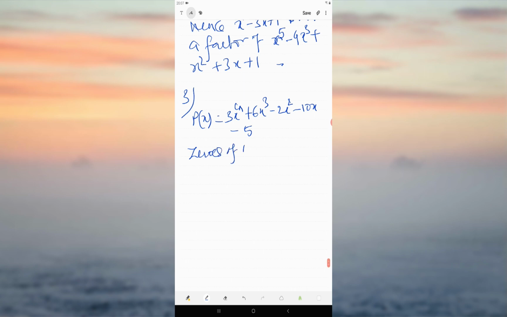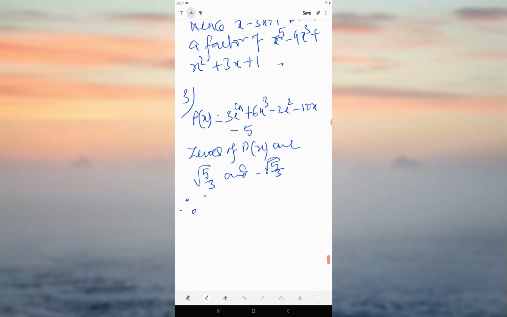And two zeros of p(x) are root of 5 by 3 and minus root of 5 by 3, correct? So, as I have told you, if alpha and beta are the roots of the given equation, then if you multiply x minus alpha and x minus beta, that will be a factor of p(x).